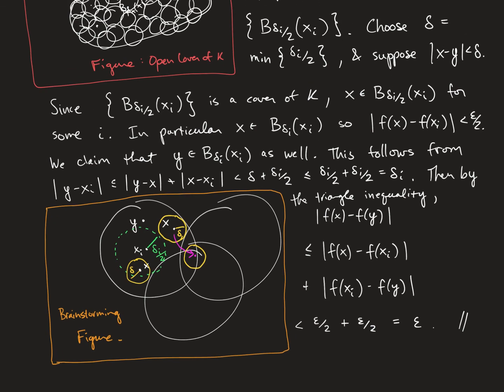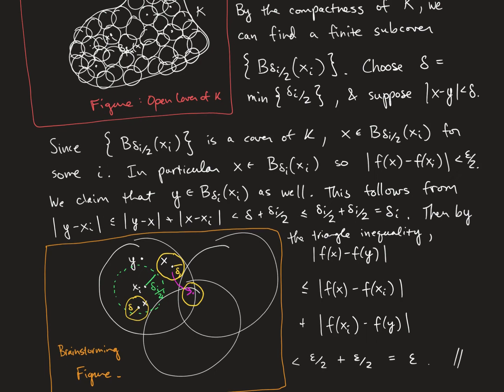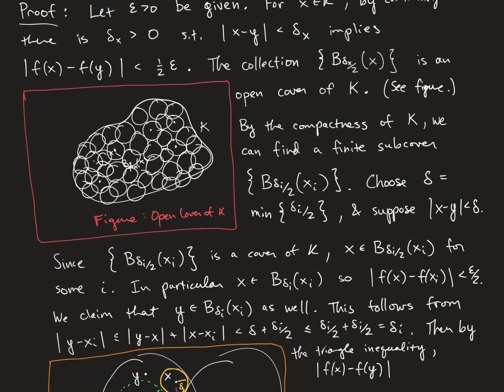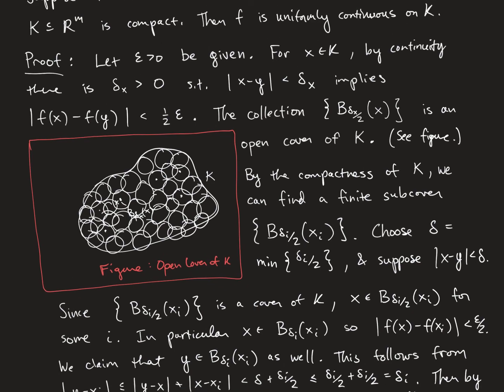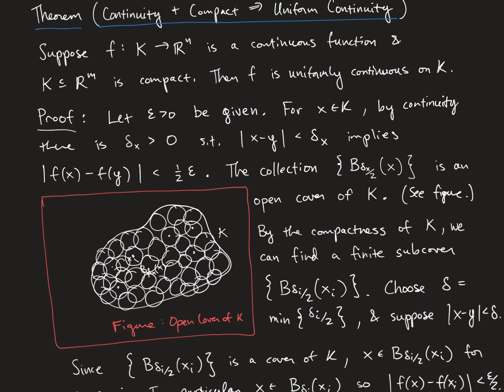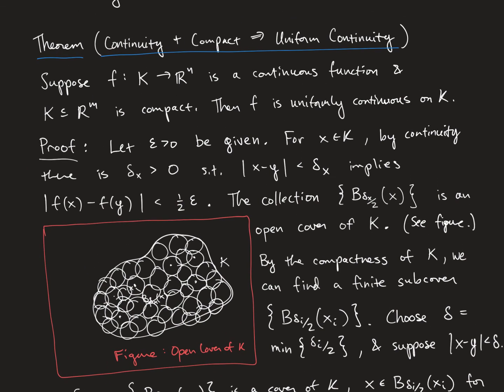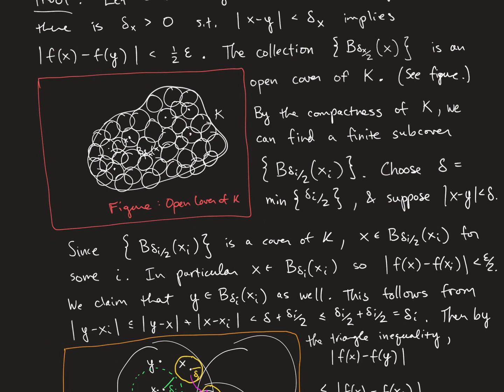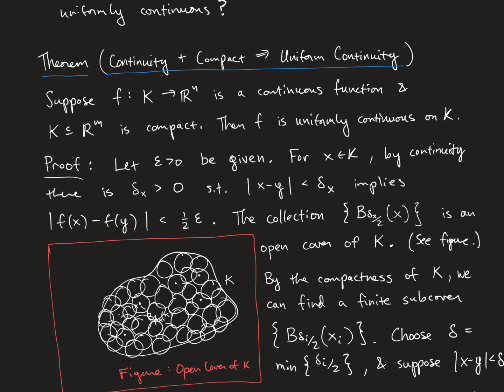Okay, so a little bit of a tricky proof, actually. You really have to think about everything you've got and then figure out how to use it properly. In any case, that's the theorem: continuity on compact sets always yields uniform continuity.